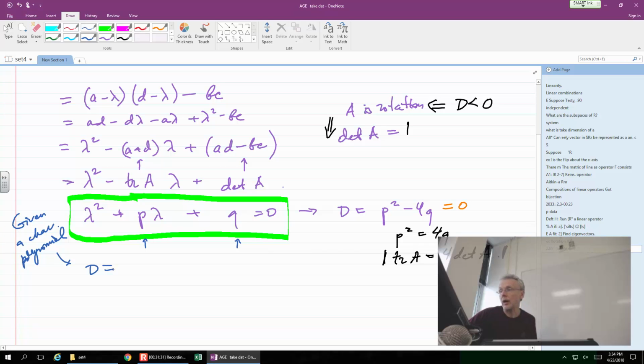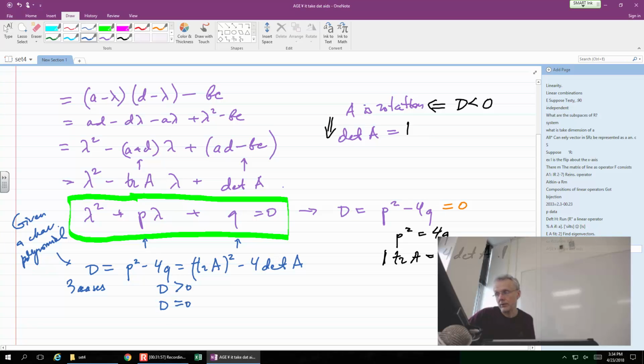Which is once again p squared minus 4q, which is trace squared minus 4 times the determinant. Then 3 cases: D is positive, D is negative, D is 0. Once again we know what these are, so I'm not going to list these 3 possibilities.